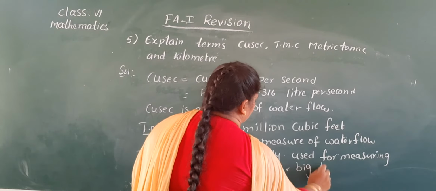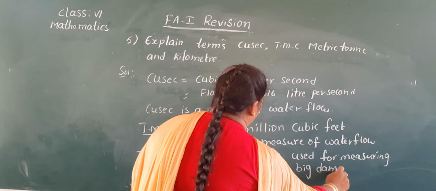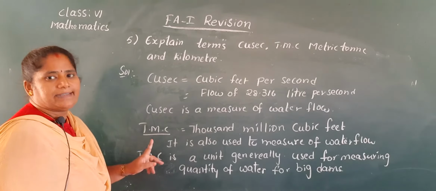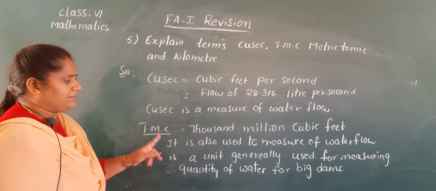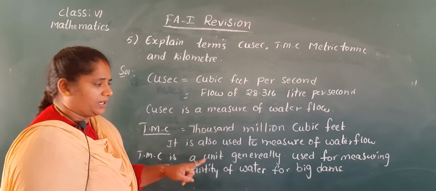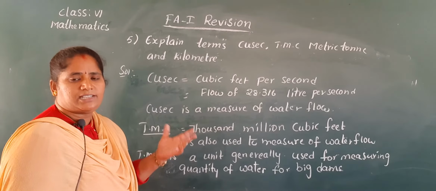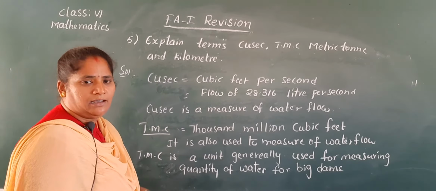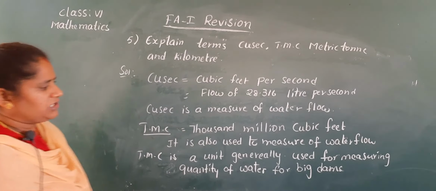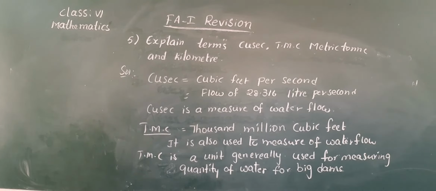Okay, so how much water is there in the big dams? How can we know? By using this unit TMC. Okay? TMC means 1000 million cubic feet. It is also used to measure the water flow. TMC is a unit generally used for measuring quantity of water for big dams. Okay, children? And next one.